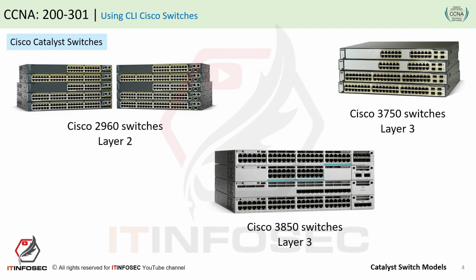They uniquely number each different interface. Some Catalyst switches use a 2-digit interface number, for example FastEthernet 0/2, FastEthernet 0/1, while others have three-digit numbers, like 0/0/1, for instance.